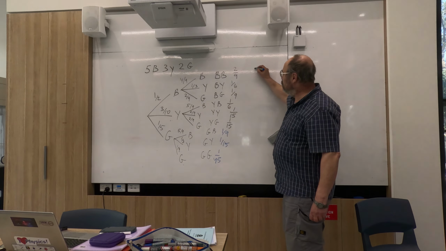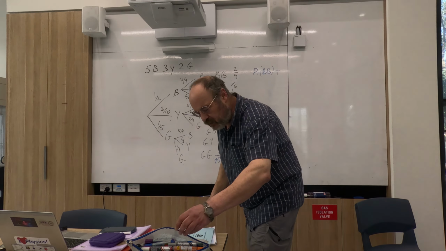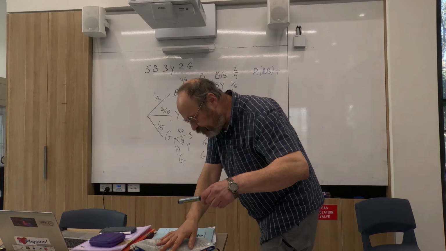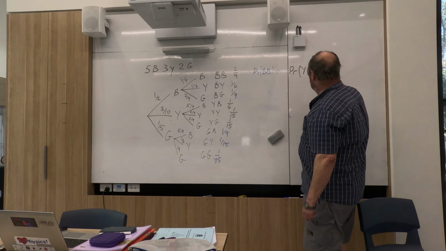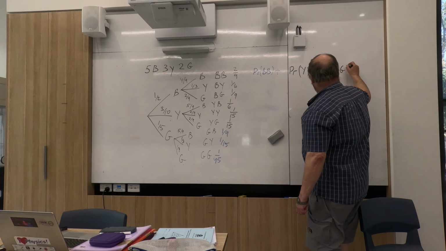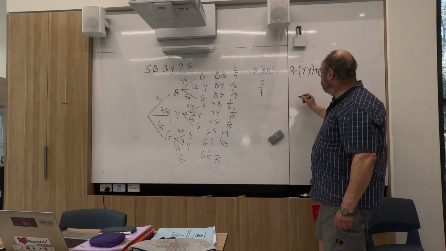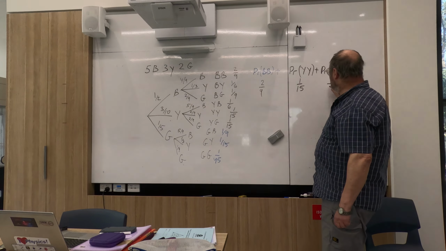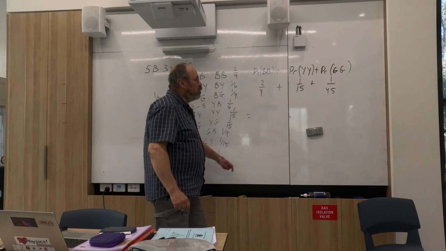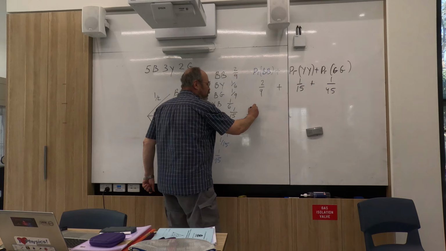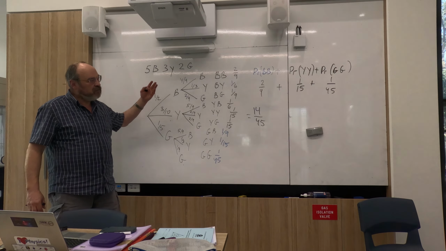We need the probability of blue-blue plus yellow-yellow plus green-green. Blue-blue is 2/9, yellow-yellow is 1/15, and green-green is 1/45. Adding them, we get 14/45.